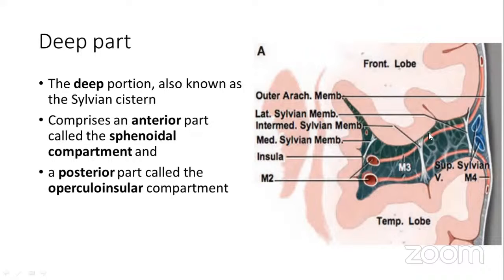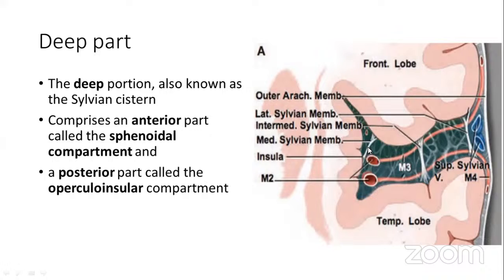Okay. So on the lateral surface, we can see the superficial part. And the operculoinsular part lies between the operculi, that is the anterior part, and the posterior part is between the insula.